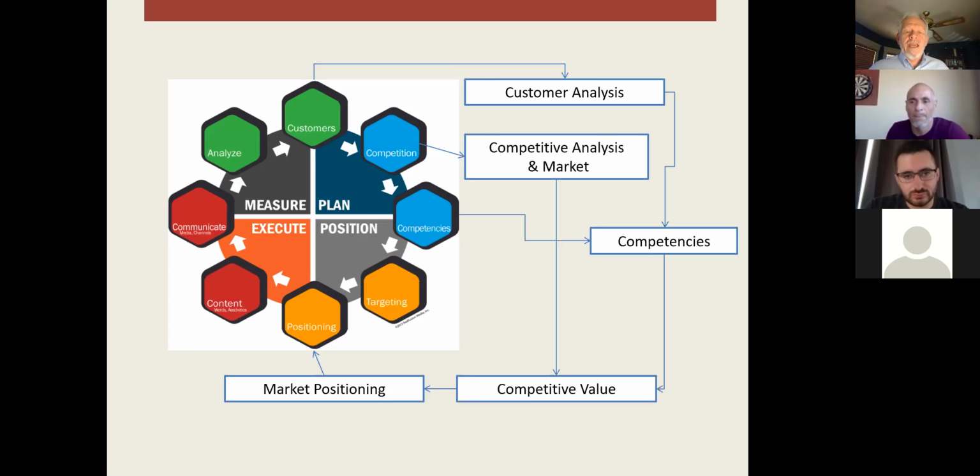HubSpot's numbers indicate that 85% of the people who make a telephone call have already made the decision to buy. And so the salesperson thinks that it's their job to explain the company and explain the product and go through the whole thing again.